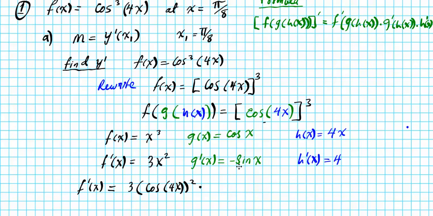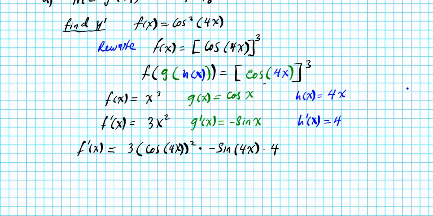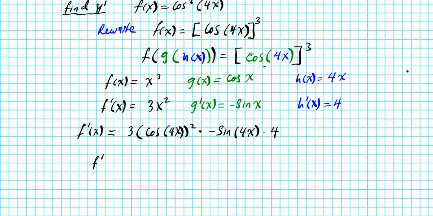So you take this derivative of the middle function, and then you plug in the innermost function, which is 4x, times h prime of x, which is 4 right here. Okay. Now, let's rewrite it, make it look pretty. So we're going to have the derivative f prime of x is equal to 12 cosine squared of 4x. Oh, there's a minus here, so put the minus out there, minus sine of 4x.